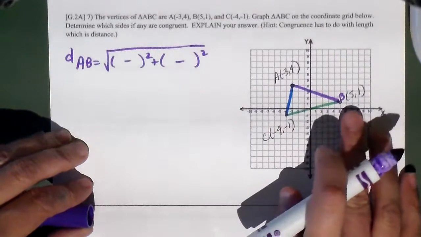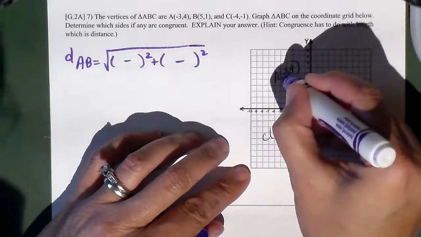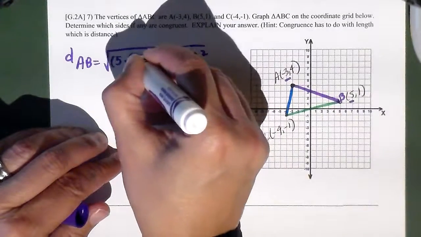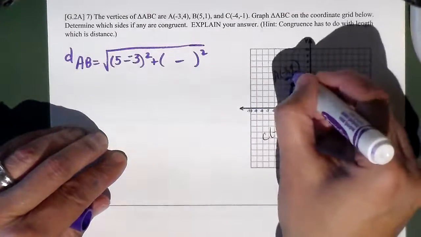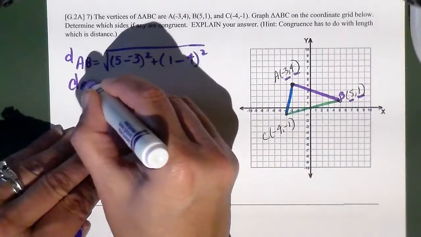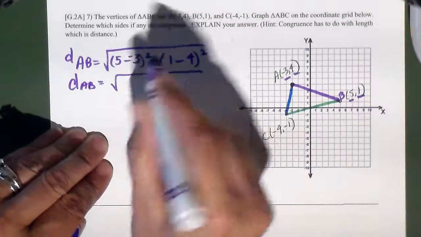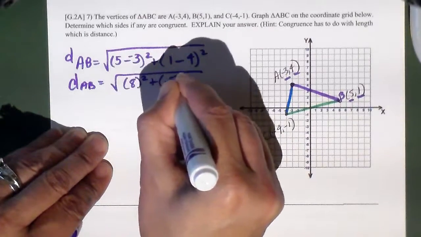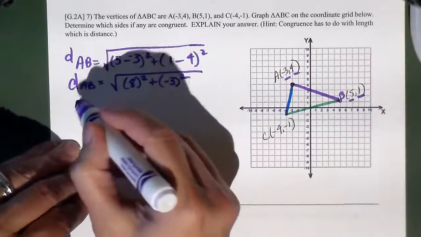So from A to B, what are my 2 x coordinates? 5 and -3. And my 2 y coordinates are 1 and 4. Okay, so the distance from A to B is, minus the -3 changes to a positive, so I've got 8 squared plus -3 squared. Keep your parentheses.